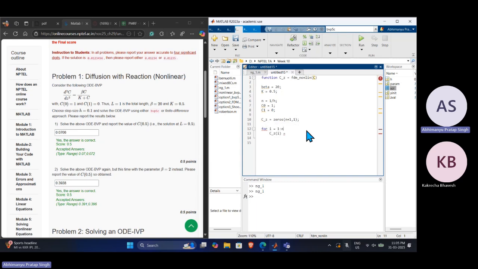So that is c(i plus 1). Then this should go from 2 to n.